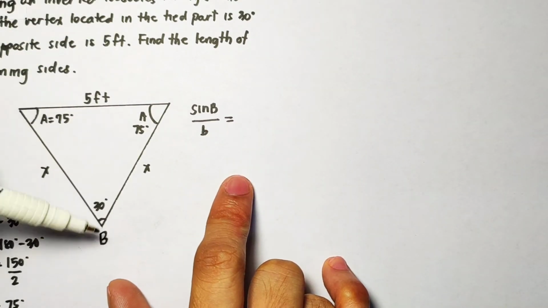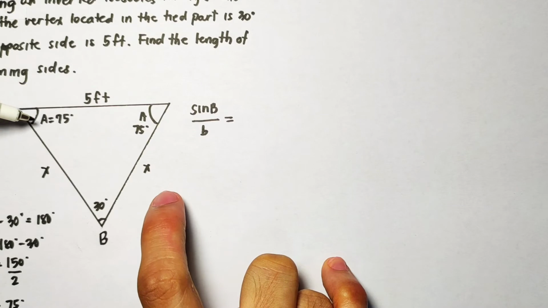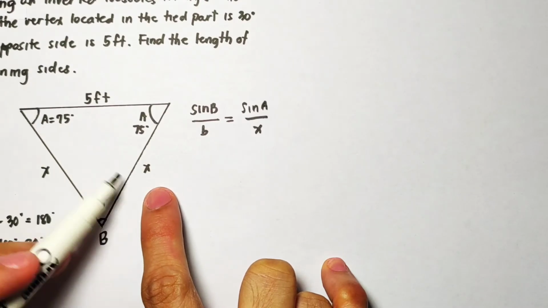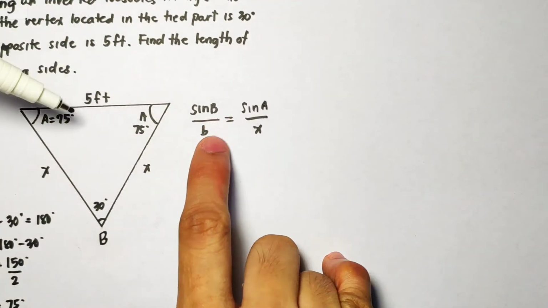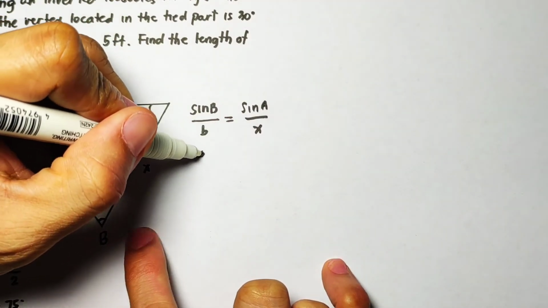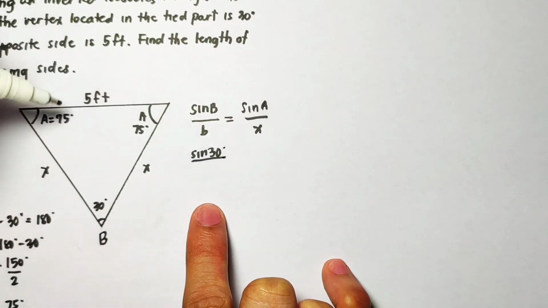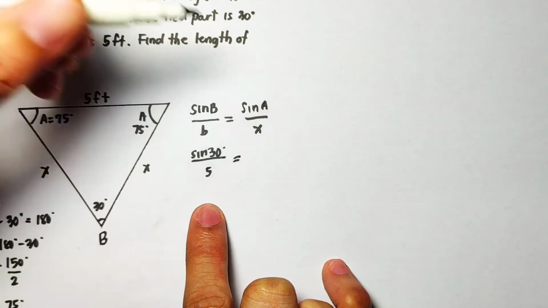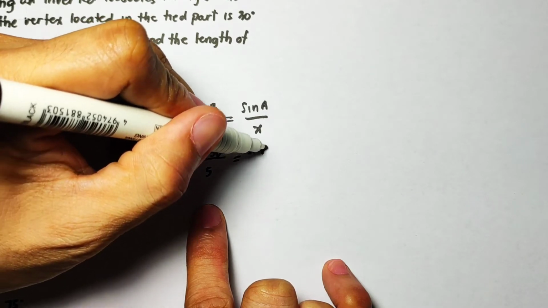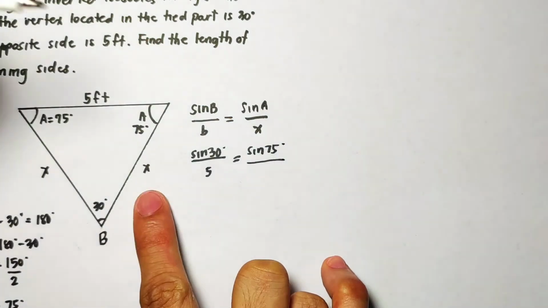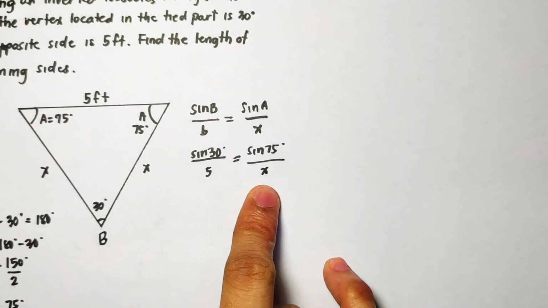Sine B over B equals sine A over X, since this is the opposite side of the angle A. So substitute now the given. We have sine of 30 degrees over 5 equals sine of 75 degrees over X, and this is what we're looking for.